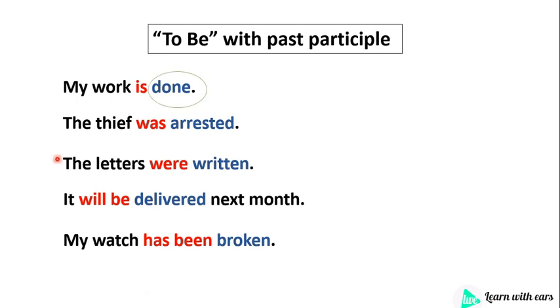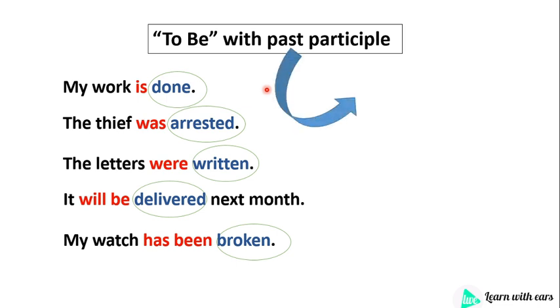So done, arrested, written, delivered, and broken: these are past participles, and it makes passive voice. Here these are is, was, were, will be, has been. These are the forms of to be. So when we have verb to be with past participle, it makes passive voice.